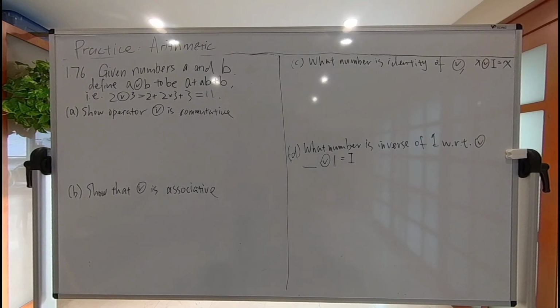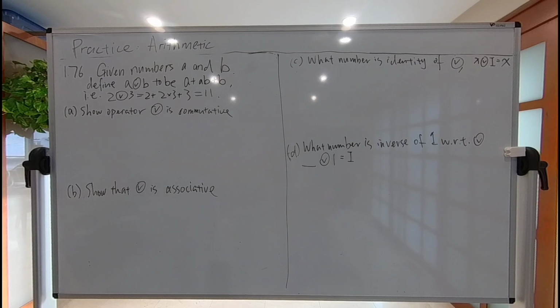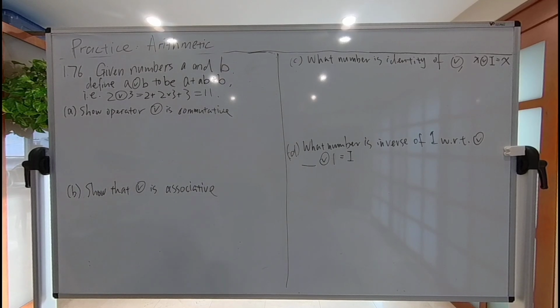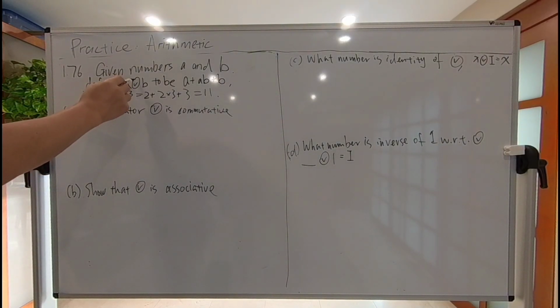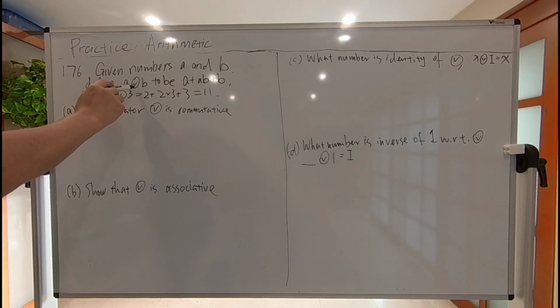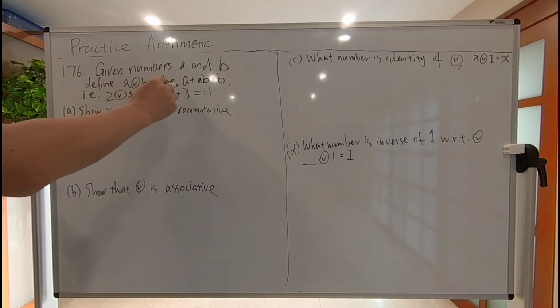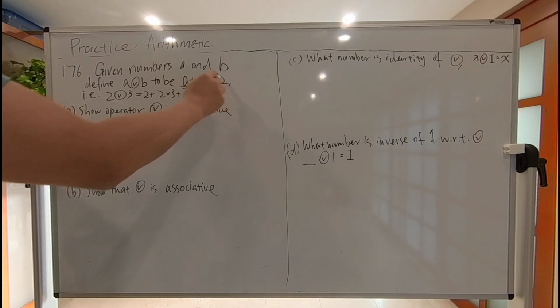Okay, let's see the last question. Here we define a new operator, let's call it circle or check. So this is a brand new operator. It's neither a plus or multiplication or subtraction, so it's just something that we can define arbitrarily.